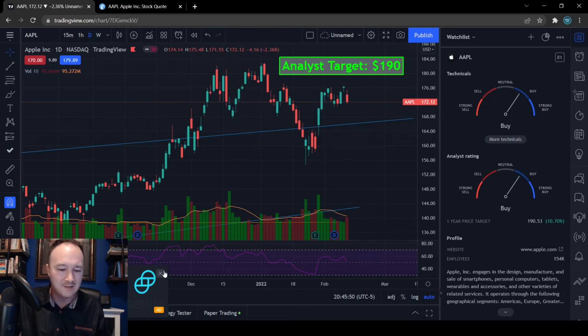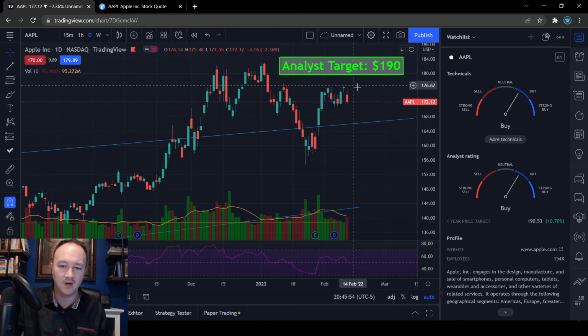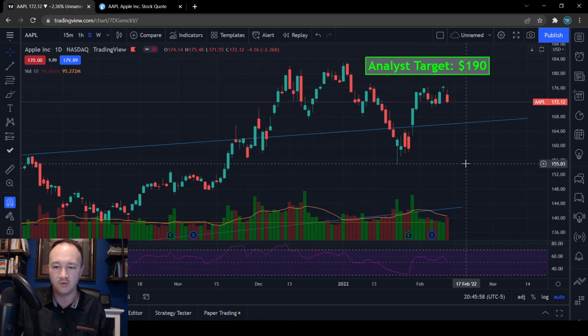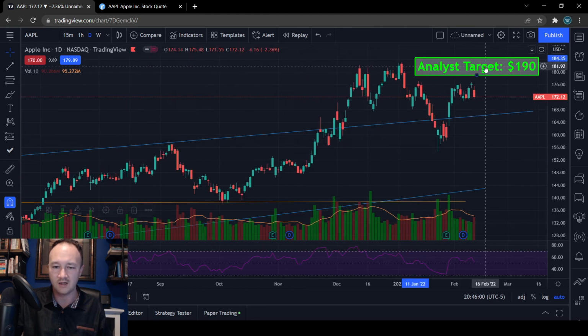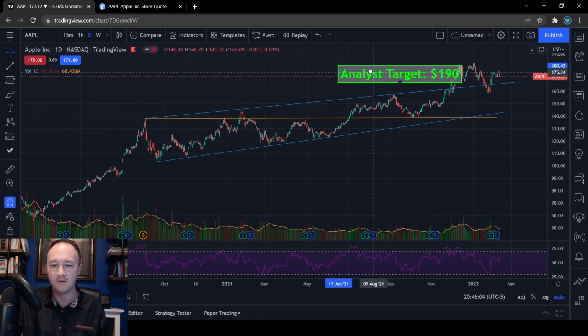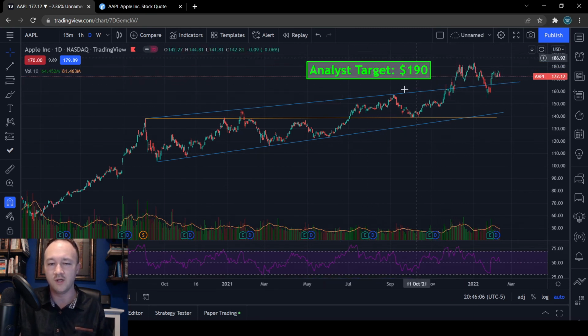Boom, easy. And then, if you don't want to ever pull that up again, I just typed it right onto the chart so that I don't have to go in there to remind myself, hey, what's the analyst rating on this again? Oh yeah, I put it on the chart, so now I know the professionals see this going to 190 over the next year.